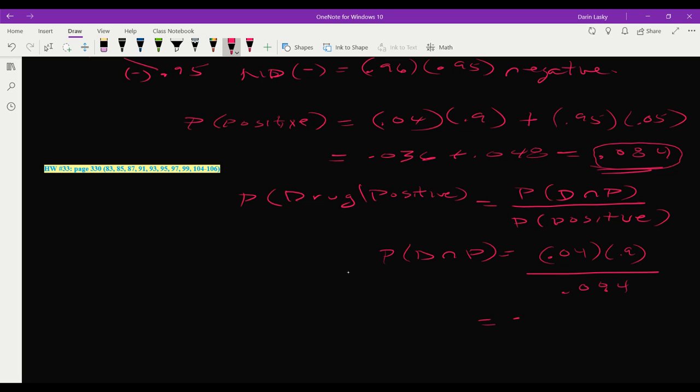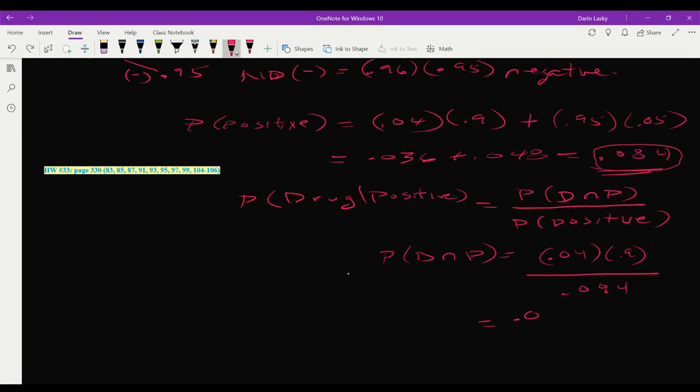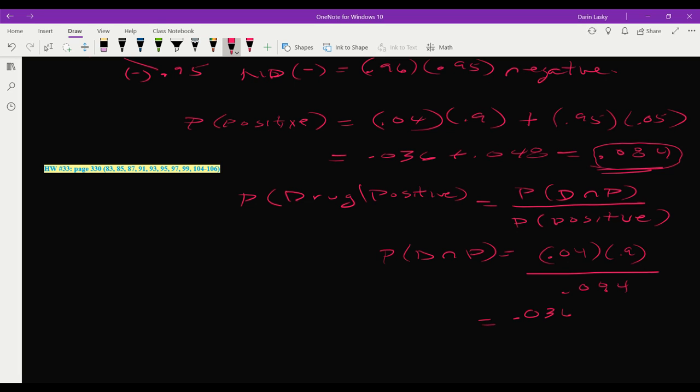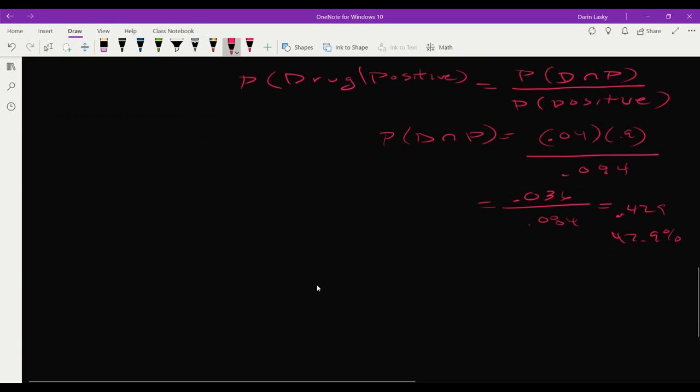So we have 0.036 divided by 0.084, which, if you do the math on that one, you come up with 0.429, or 42.9%. All right, guys, conditional probability rule.